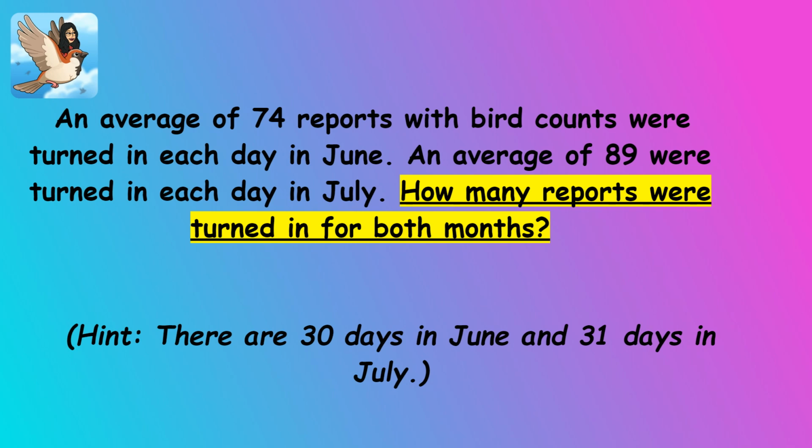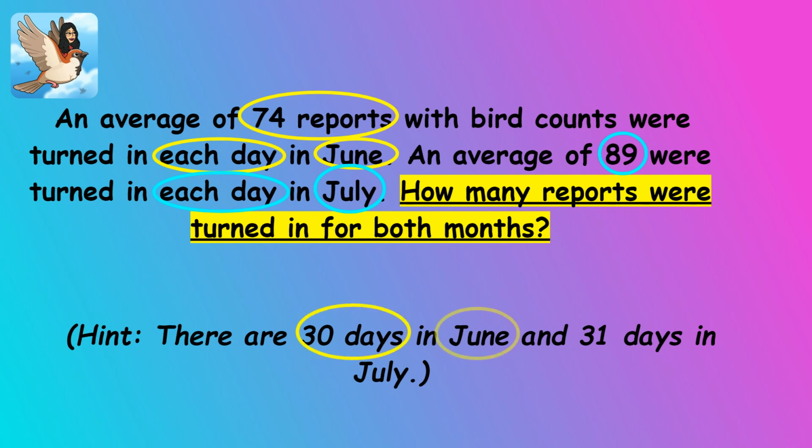We know that we had an average of 74 reports turned in each day in June. We also know we had an average of 89 reports turned in each day in July. It also gives us the information that there are 30 days in June and 31 days in July.